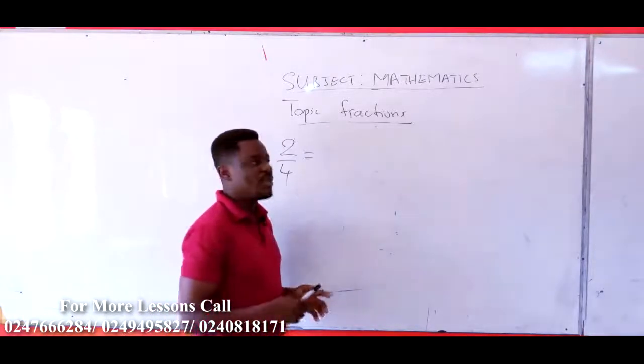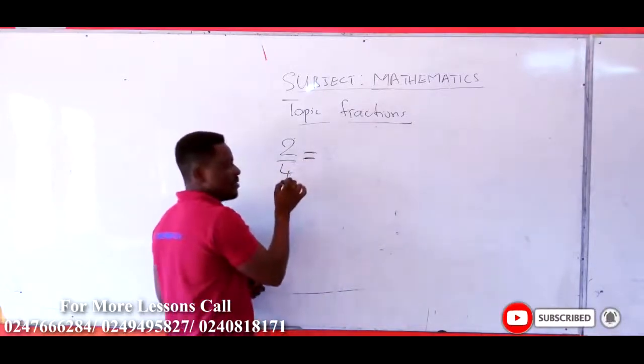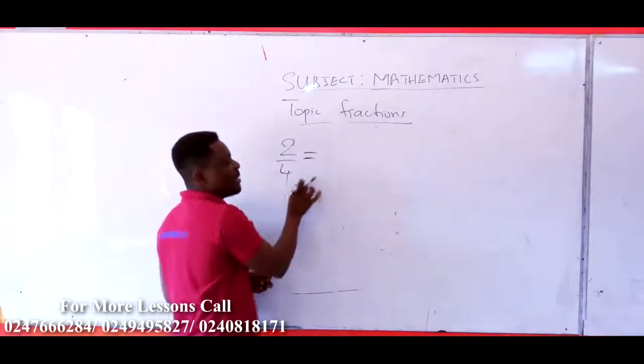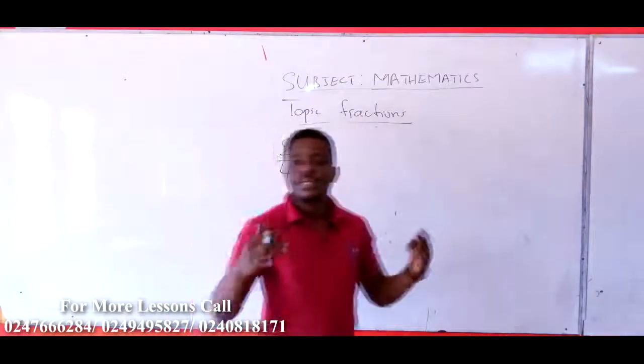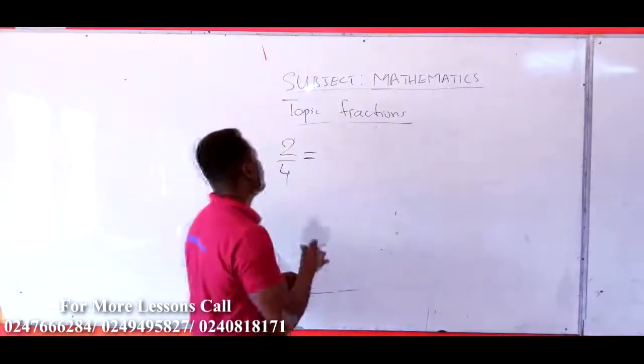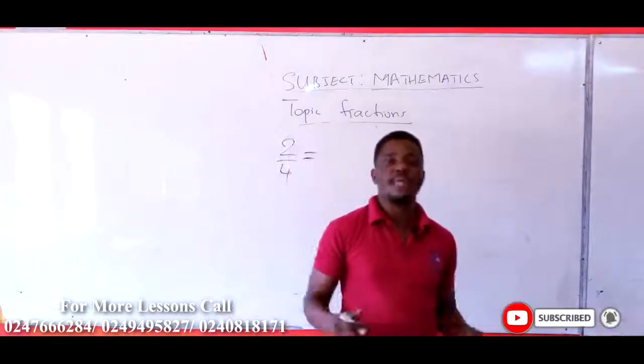So, to get an equivalent of this, I am going to multiply both the numerator and denominator by the same non-zero whole number.